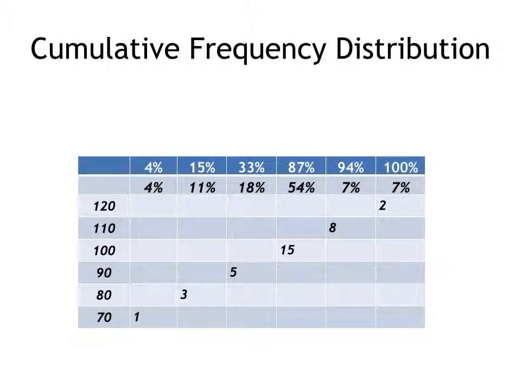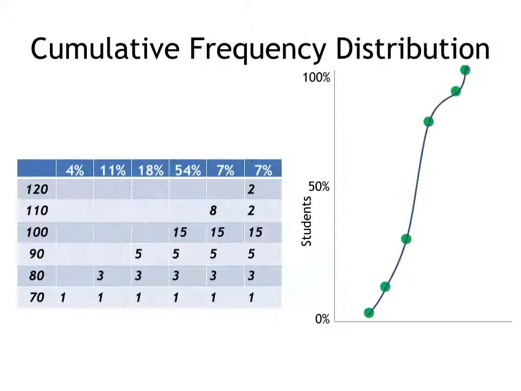So there were 8 students who scored 110, and that represents 7% of my sample. But look at the top blue line. As I add them together, by the time I get to the 2 students who scored 120, good for them, I've accounted for 100% of my sample.